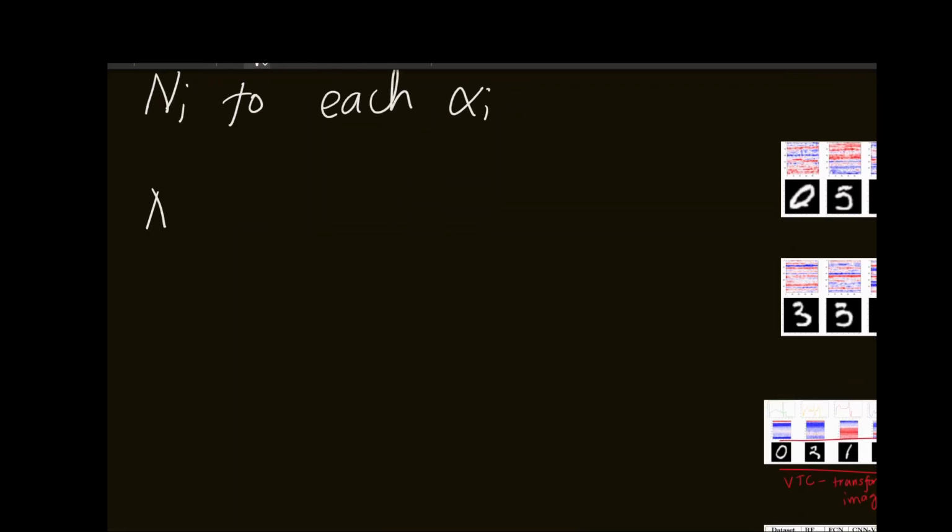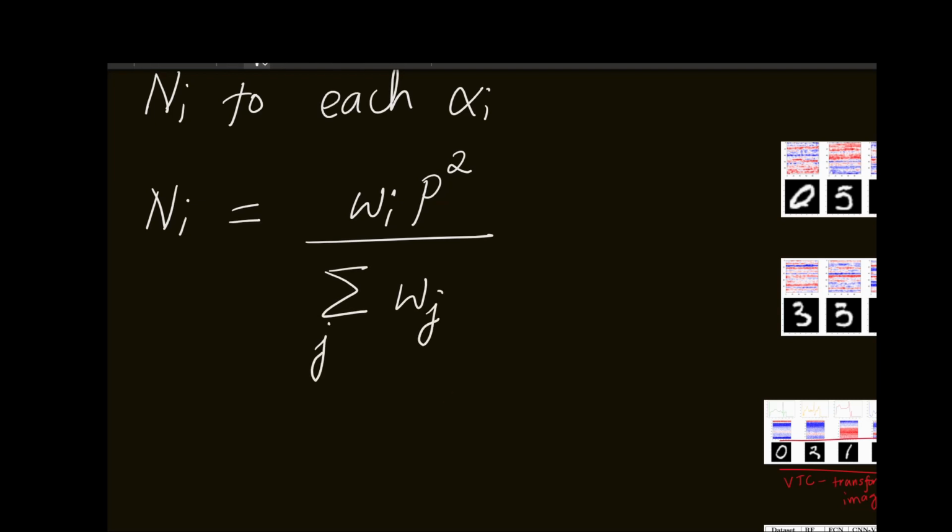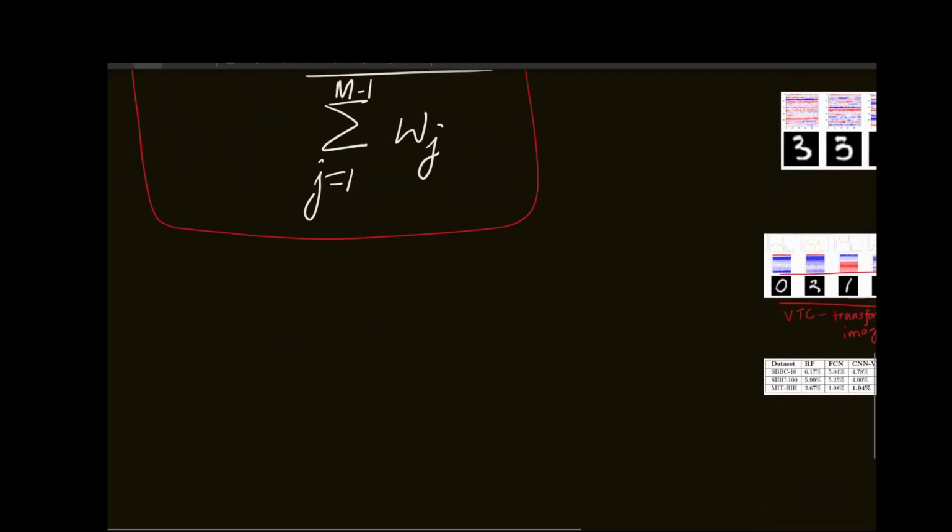This is how we compute it: n sub i equals the feature importance W sub i times p squared, the number of pixels, normalized by the summation over all features, j equals 1 to m minus 1. So we're assigning n sub i pixels to feature alpha sub i.